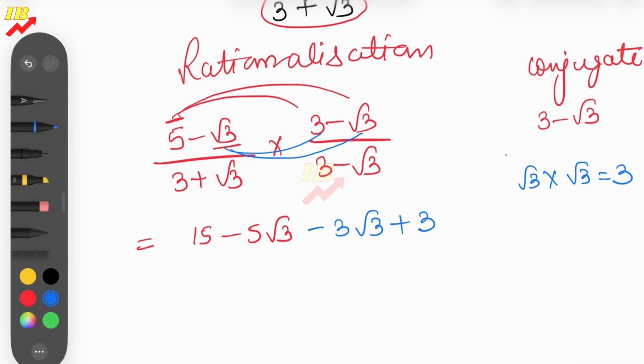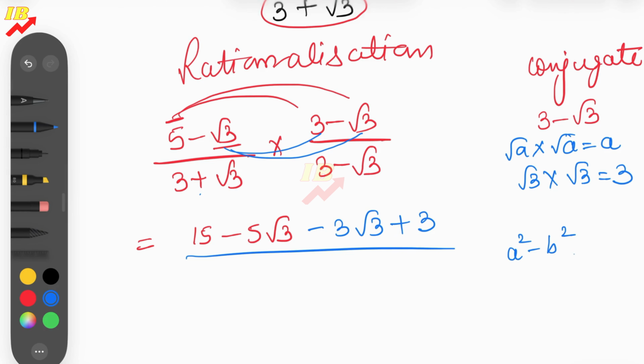I already gave you a law that says this: when you have the same numbers under the root, you can make a pair, and that will give you a whole number. So that's why we are getting a 3 here. Now in the denominator, you will always see a formula of algebra, that is a square minus b square, which is a plus b times a minus b.